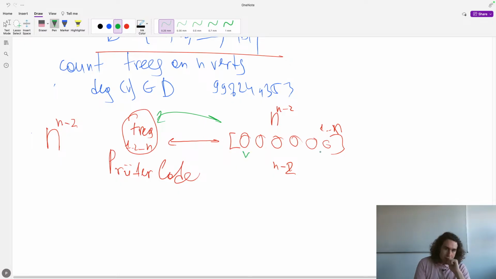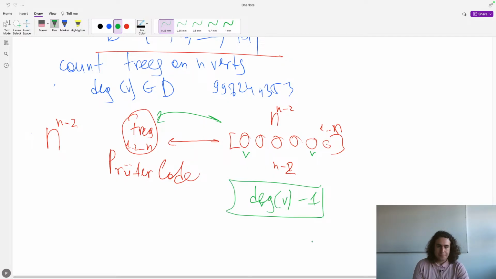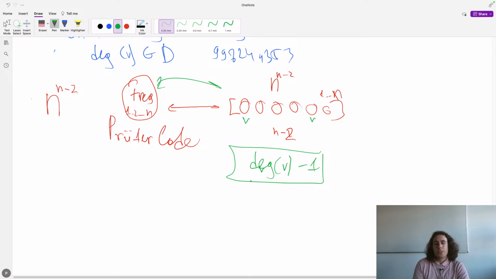Every vertex v appears in the sequence exactly the degree of v minus 1 times, right? So the sum of all degrees is what? It's 2n minus 2, right? So the sum of degrees minus 1 is exactly n minus 2. So that's why the length of this vector is n minus 2.